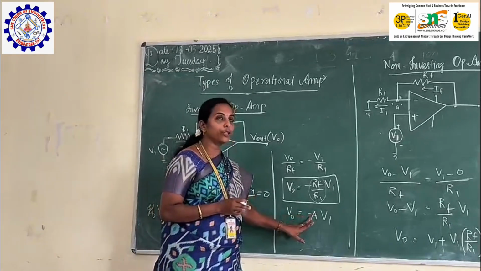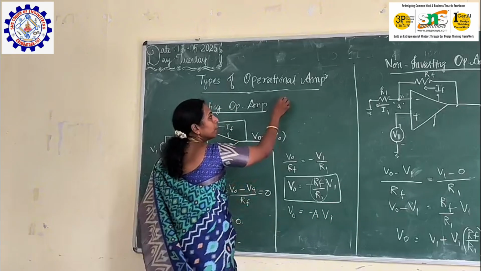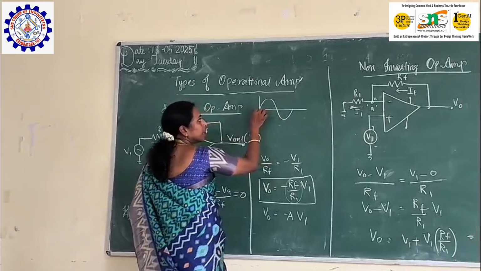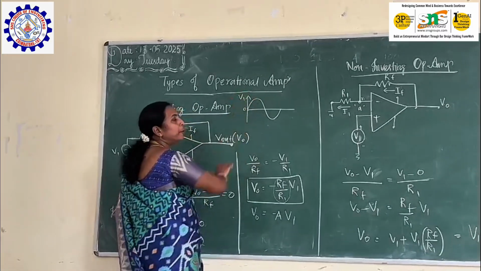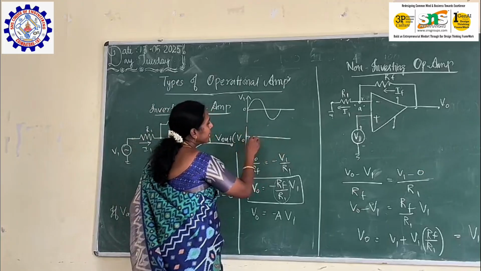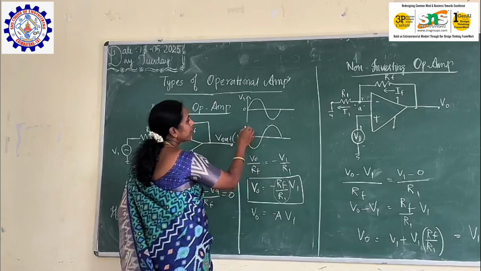This minus denotes that whatever input voltage is given, for example one clock cycle, the output voltage will be a 180 degree phase shifted version of this input voltage. That is why we get a minus sign.